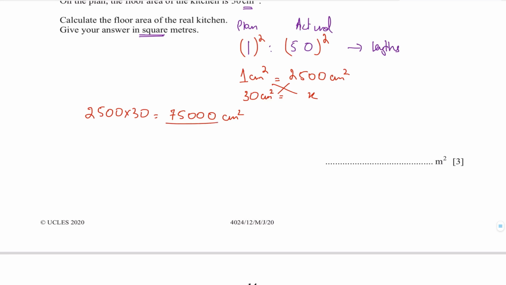Well, if you want to convert centimeter to meter, you divide by 100. But if you want to convert centimeter square to meter square, you have to divide by 100 square, which in other words means dividing by 10,000. So 75,000 divided by 10,000, let's see what that is equal to. First of all, the 3 zeros get cancelled out, and then we just have 75 divided by 10, which is going to be 7.5 meter square.